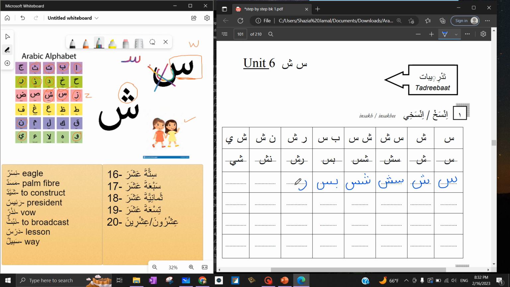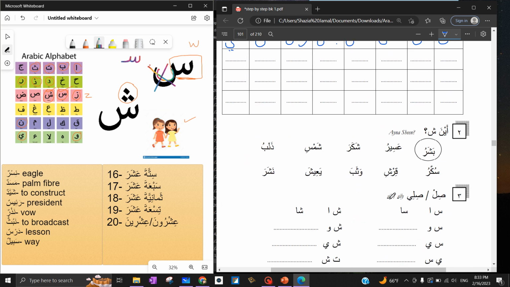Ra is a non-connector and sheen will be written fully. Noon and sheen will be connected as noon is connected from both the sides. Now sheen with a tail and then the same tail goes down continuing with the pot belly of the ya and the dots. This is how you write seen and sheen.